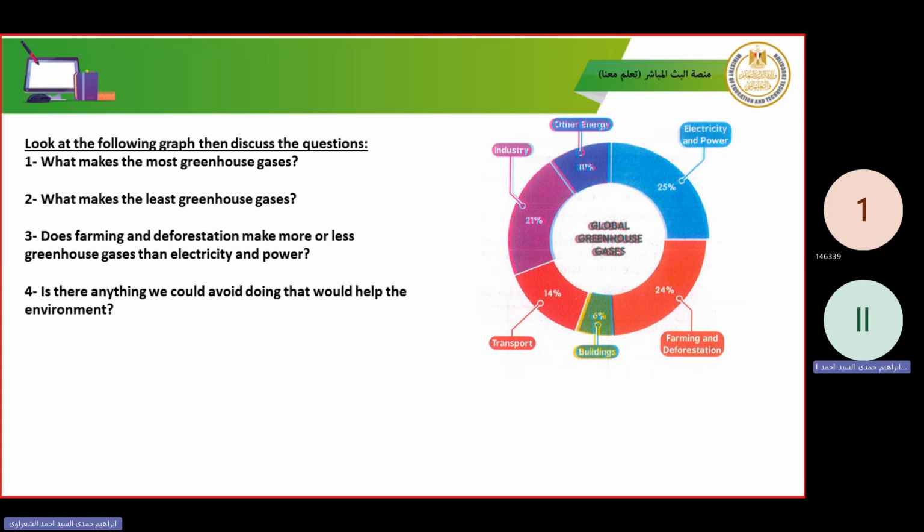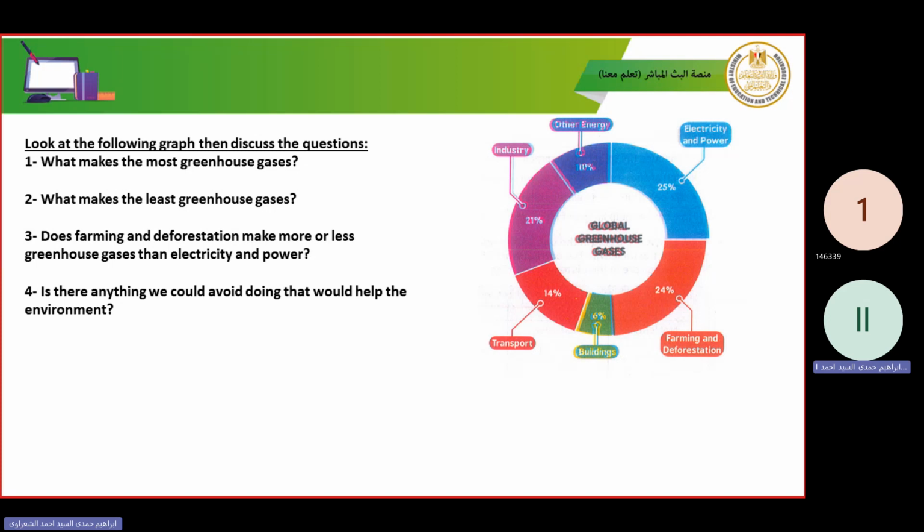Least is clearly buildings, which do not produce many global greenhouse gases. Number three, does farming and deforestation make more or less greenhouse gases than electricity and power? The difference in the percentage is too little, they are almost the same: 25% and 24%, it's not that different.